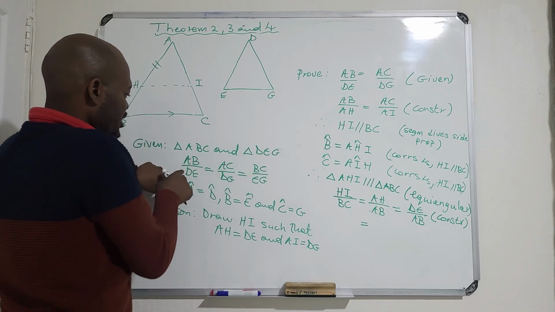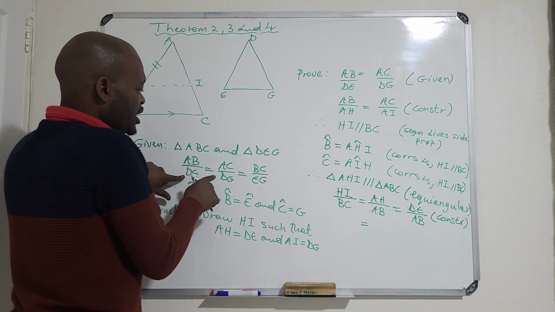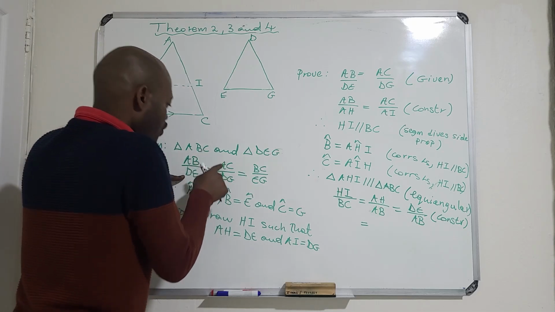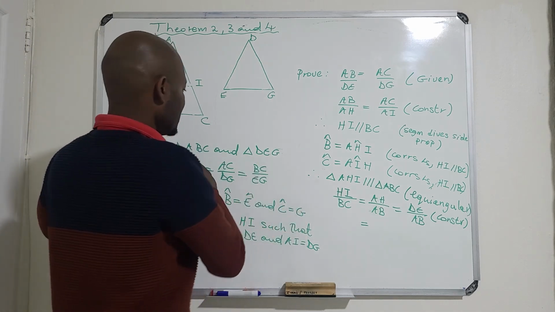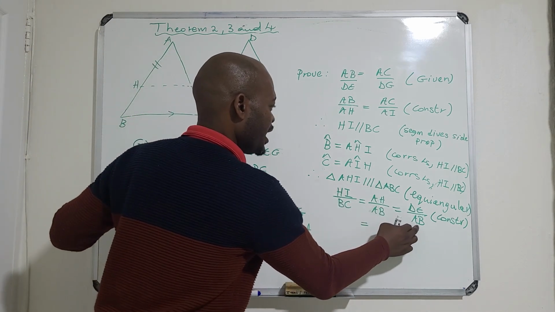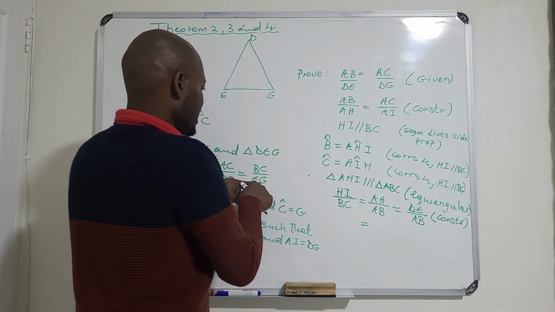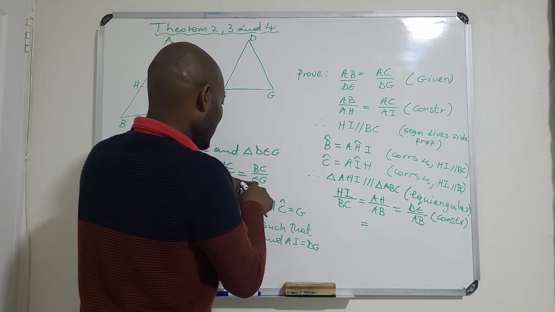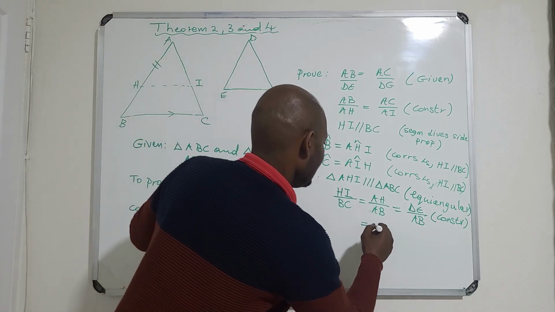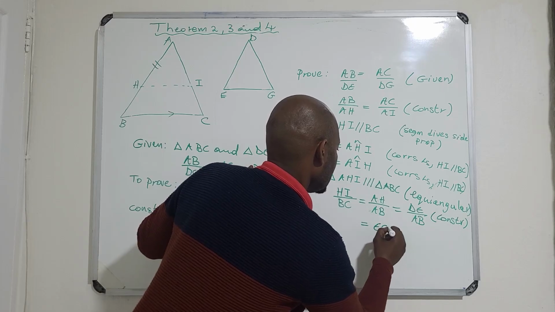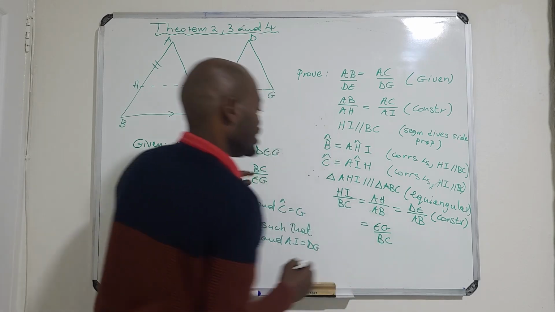But if it is DE over AB, it means it's going to be equal to DG over AC. Therefore, DE over AB is the same as EG over BC.